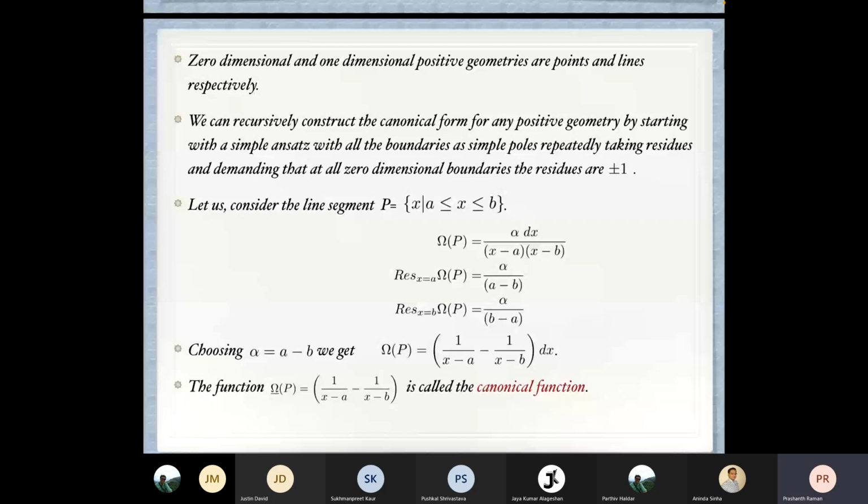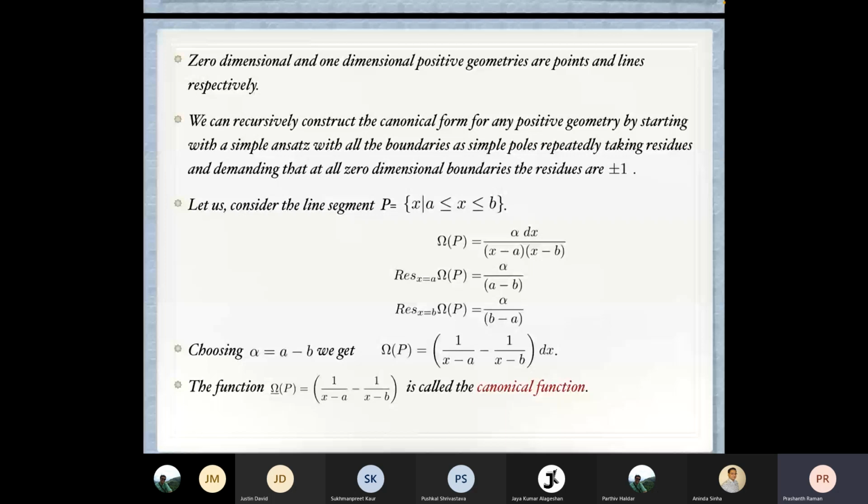I go to the pole at x equals A and the pole at x equals B, and demand that those things have to be plus minus 1, because the canonical form for a point has to be plus minus 1. So this tells us that alpha should be either A minus B or B minus A, and you can choose either. I choose A minus B, and we get the canonical form to be 1 by x minus A minus 1 by x minus B, dx.